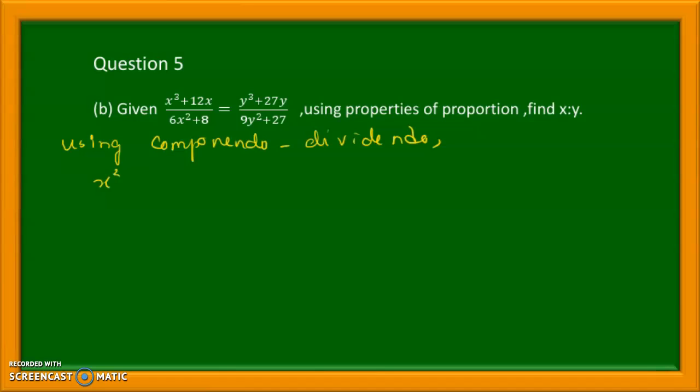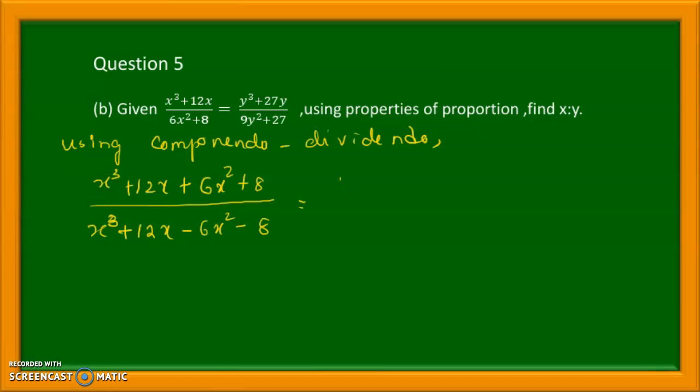x cube plus 12x in the numerator plus the denominator, 6x square plus 8, whole divided by numerator minus the denominator: minus of 6x square becomes minus 6x square, minus of 8 becomes minus 8 here.